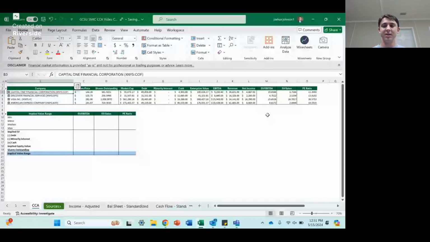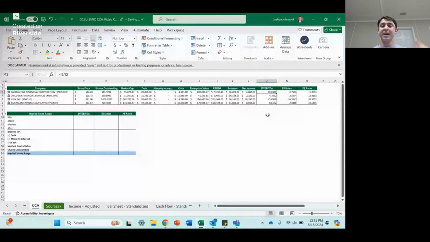So essentially what we're saying is, what's the value of this company, Capital One, that we're analyzing compared to 3 of its peers, Discover, Visa, and American Express? Well, we need to find out what each one of those companies are worth based on an amount of earnings that they're bringing in. So that's where these multiples come in.